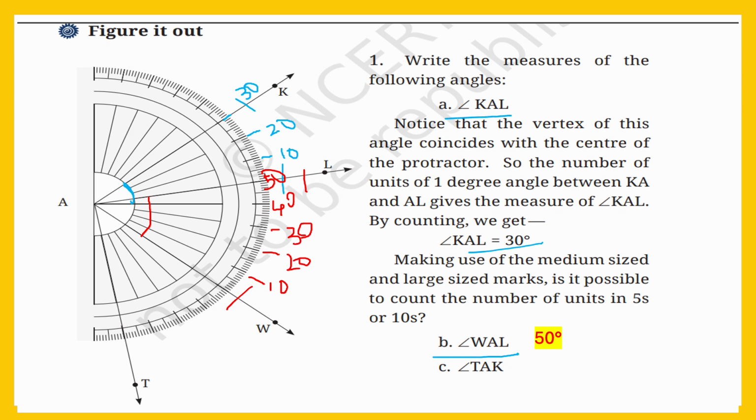Similarly, find the measure of angle TAK. So, this is angle TAK. To find angle TAK, we have to find the number of units of 1 degree angle between TA and KA.